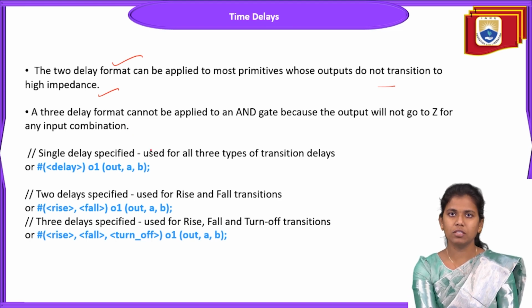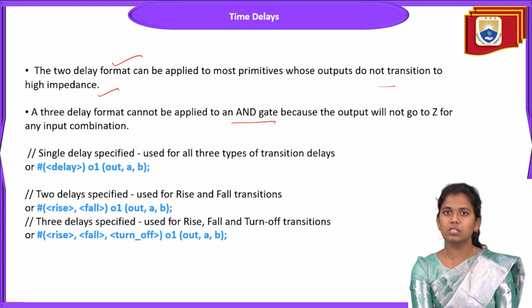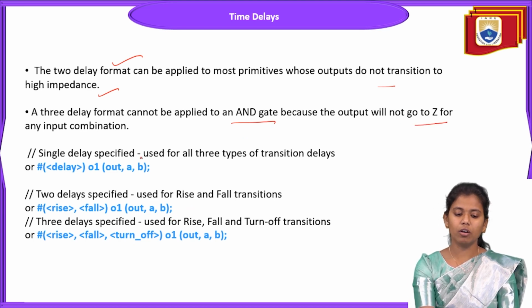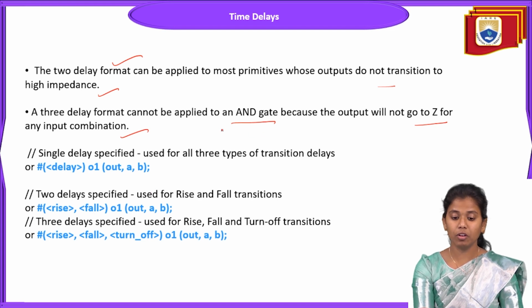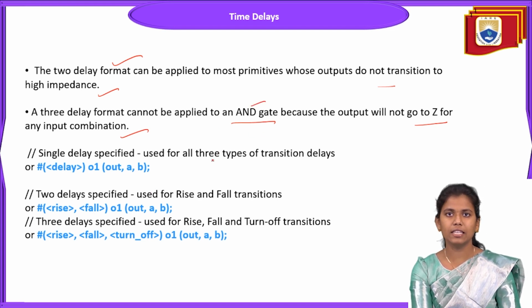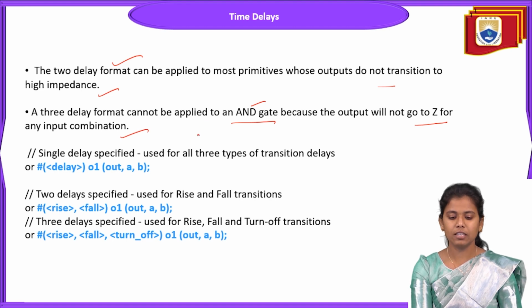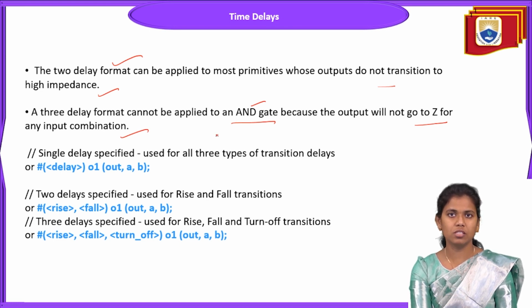The three delay format cannot be applied to an AND gate because the output will not be Z or X for any input combination. So we usually do not apply three delay specifications to the AND gate. Why? Because AND gates are very simple structures, and three delays cannot be applied to such small structures, based on the structure as well as on the values.